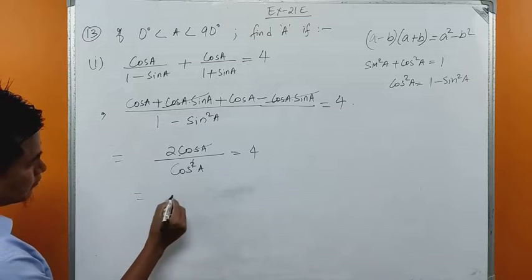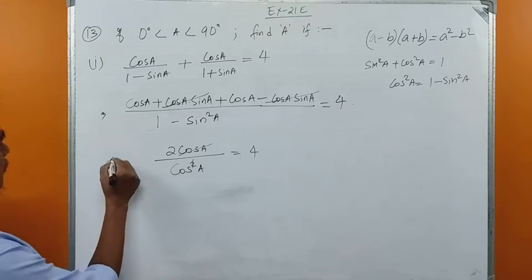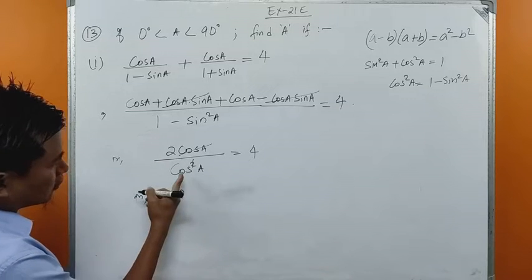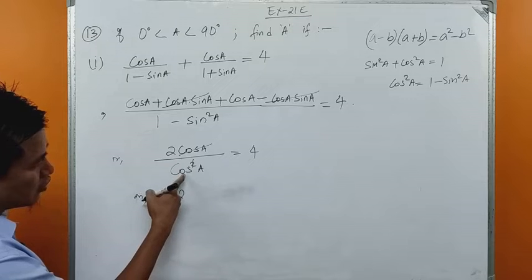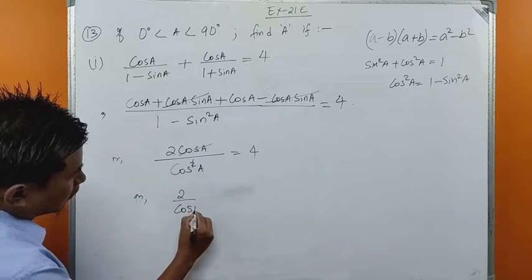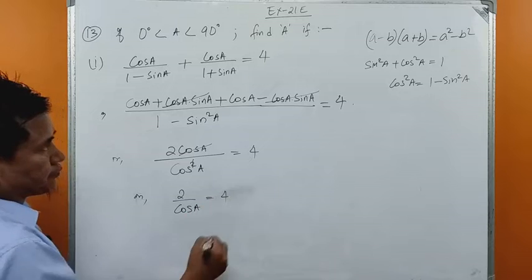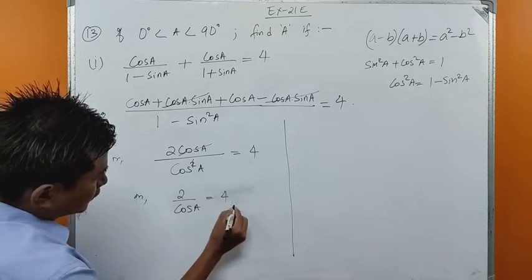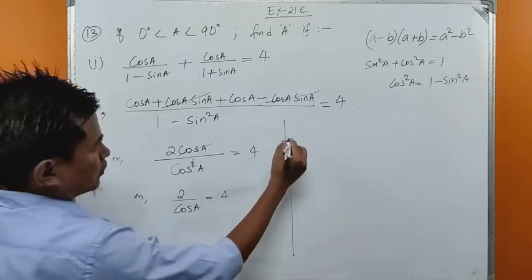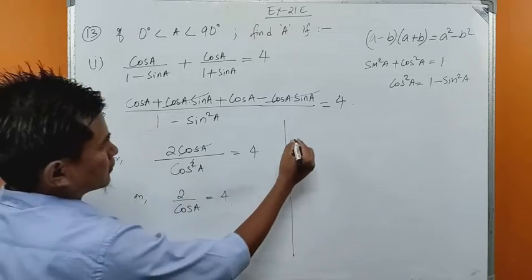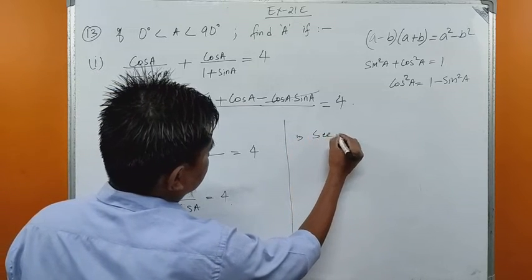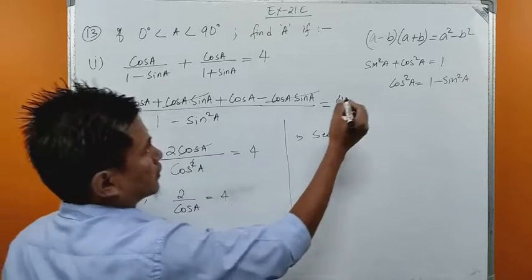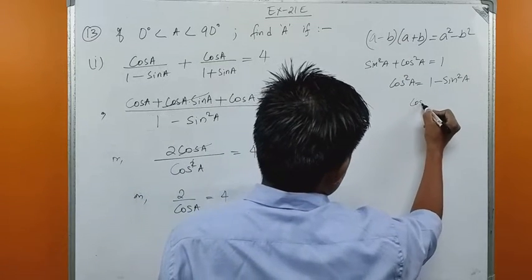So 2 upon cos A equals 4. Let me continue here. This 2 goes to the denominator by cross multiplication. This cos A, if we take to the numerator, becomes sec A, because cos A and sec A are reciprocal of each other.